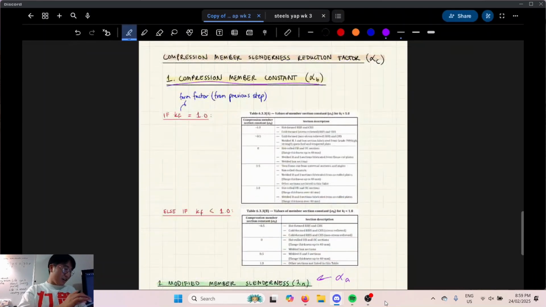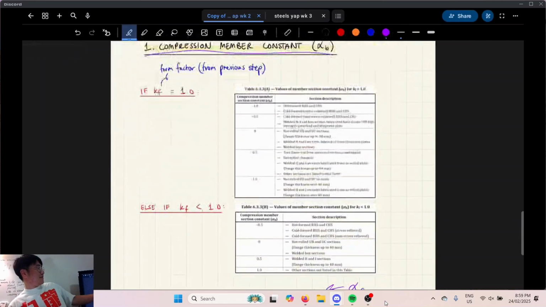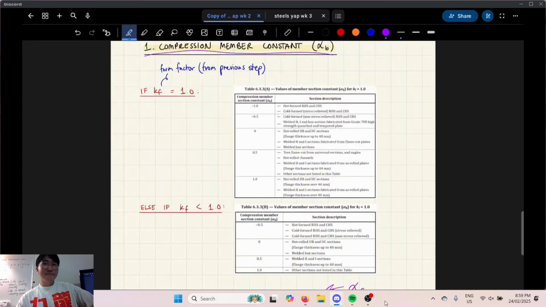Let's quickly talk about this. We have 2 tables. One is if KF is 1, and one is if KF is less than 1. What did we say that meant? Buckles, not buckles, locally or globally? Locally. Exactly. So even the global part is affected by that KF factor from the local part.